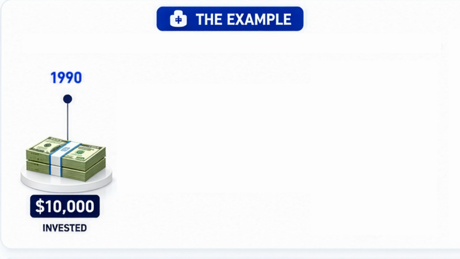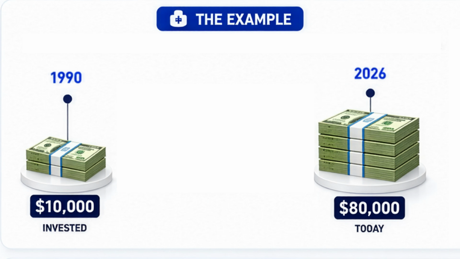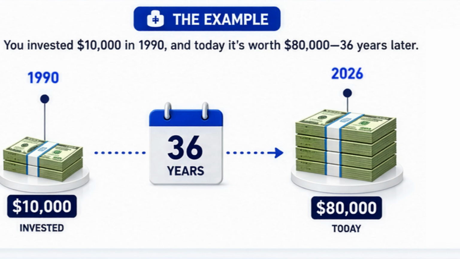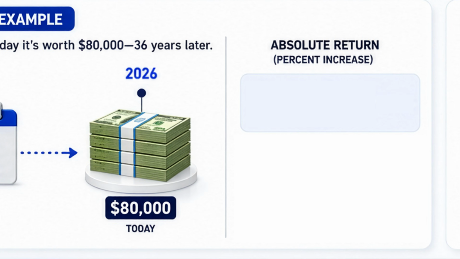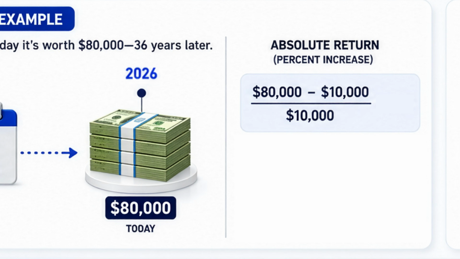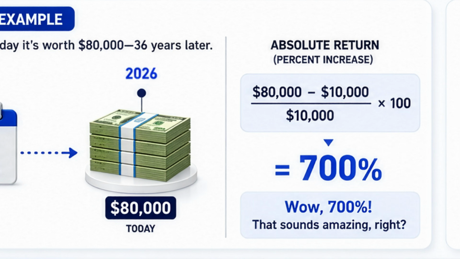Let's say you invested $10,000 in 1990, and today that investment is worth $80,000, 36 years later. To find the absolute return, or the percent increase, you take the $70,000 worth of gain and divide it by your original $10,000, and then multiply by 100. Wow, that gives us 700%.